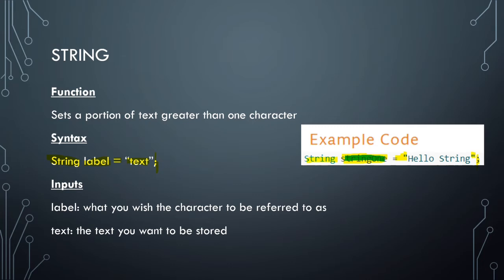So right now it would print hello string. And again, the advantage to declaring everything in the beginning is that if you need to go back and change something, it is a lot easier to do so. So if you had, for instance, anytime somebody pressed a button an even number of times, you would want the microcontroller to print the words even number of presses.